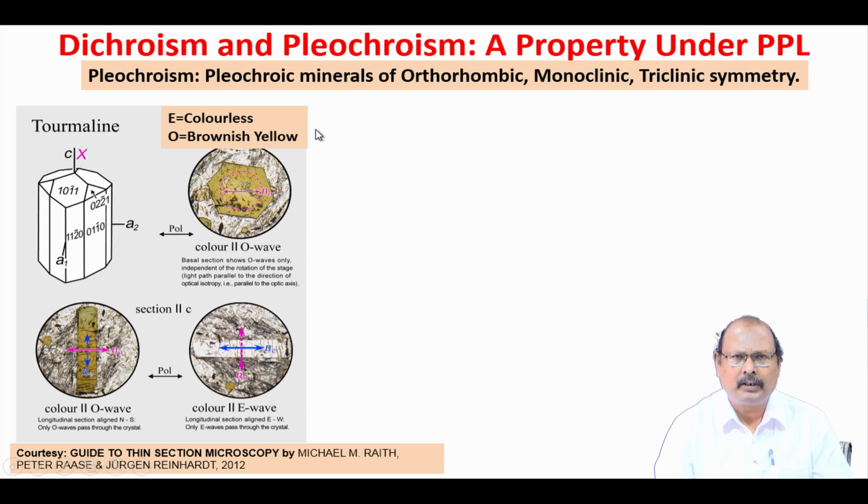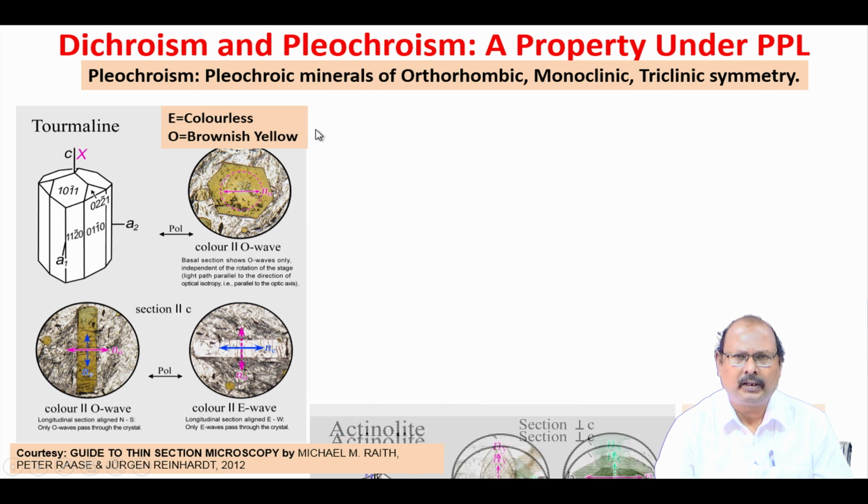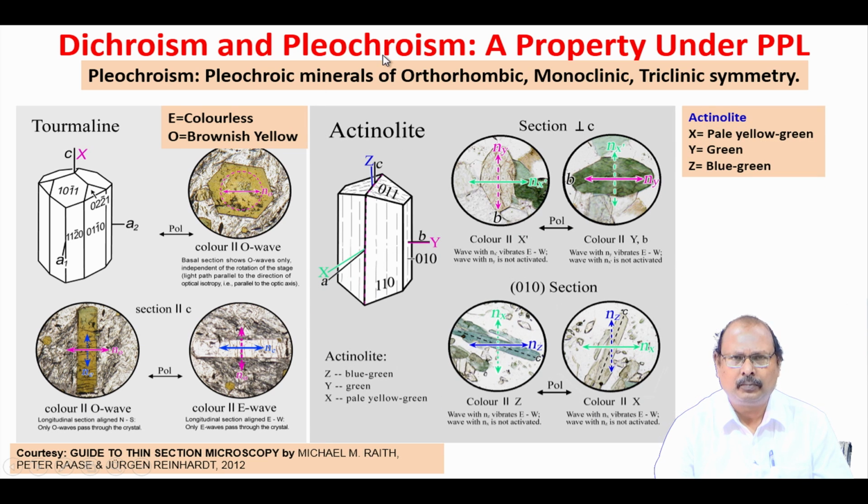Now, let us come to the pleochroic minerals in the orthorhombic. So, pleochroic colors have to be seen in minerals belonging to the orthorhombic, monoclinic and triclinic systems. I first start with an actinolite mineral here. In the basal section, when the x vibration direction is oriented parallel to the polarizer vibration direction, you have a pale yellow or green color.